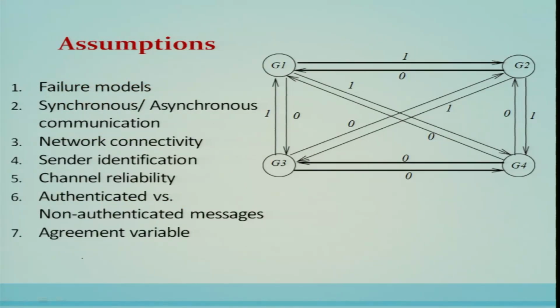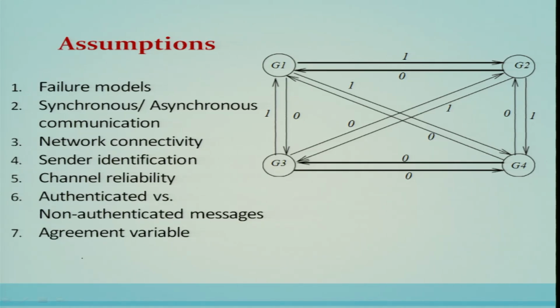Now, as far as different models are concerned, there are different assumptions which we are going to use in this algorithm design. We have to assume some failure models, so we have to see what different failure models are possible. Then we have to make an assumption about synchronous and asynchronous types of communication.